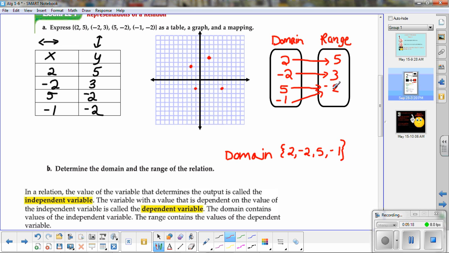And then the range is going to be the y values. It's going to be these numbers right here, but the -2 we're only going to list once, just like we did over here in our mapping. So 5, 3, and -2.